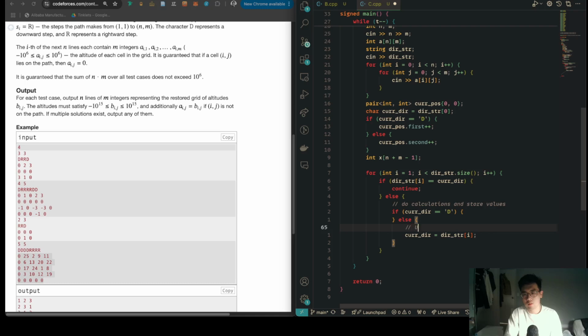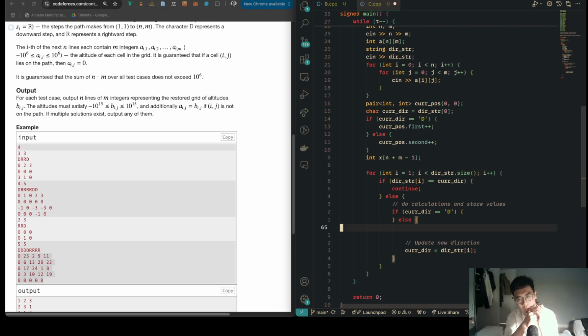Now we're going to update the new direction, and then we need to store from which position we don't know, and then we should also get a suffix, like a prefix sum. Although it's not too bad actually. So you're going down and it's telling you to switch directions.